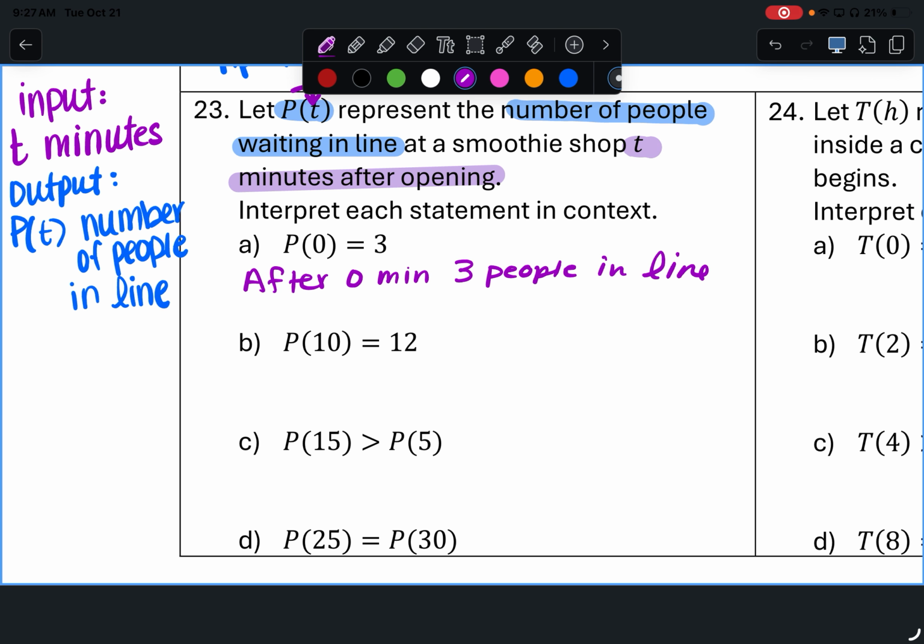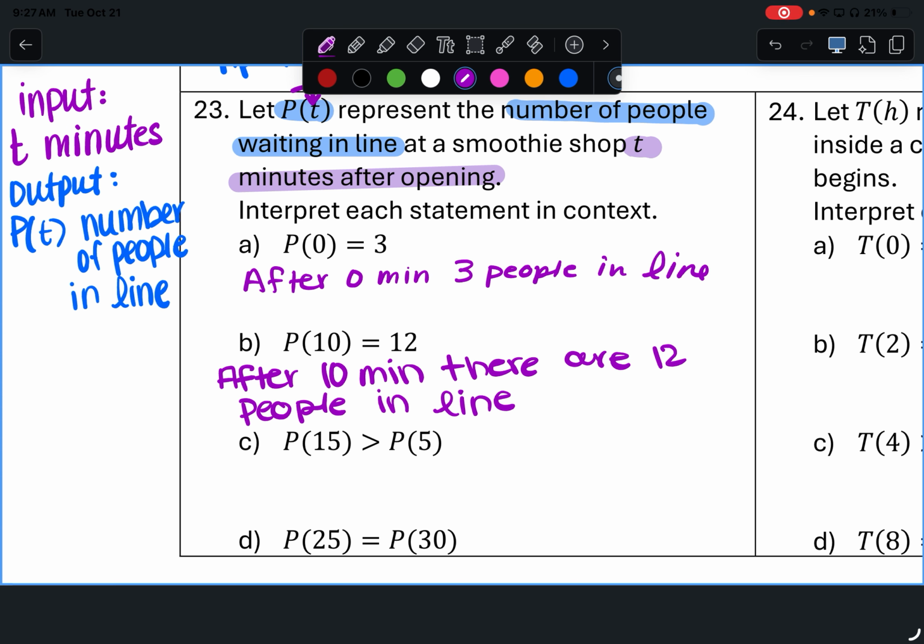At opening, right? So as soon as the door is opening, 3 people walk in. All right, P of 10 equals 12. So after 10 minutes, there are 12 people in line.